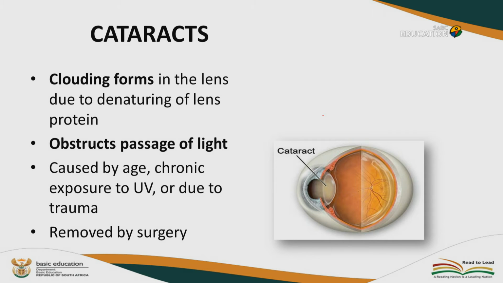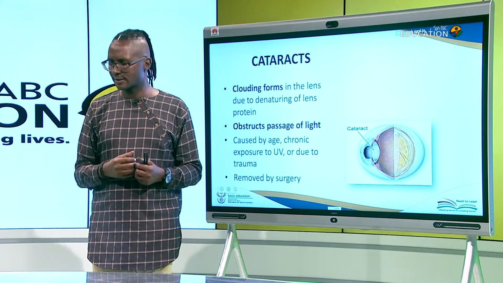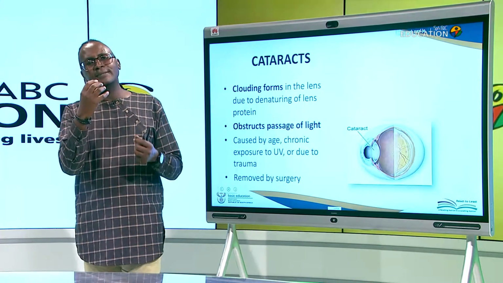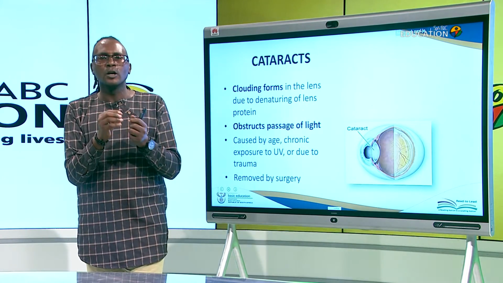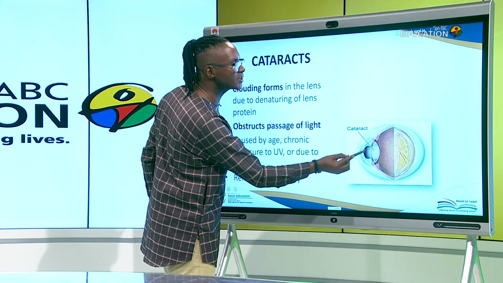The protein inside the lens denatures. And when the protein denatures, that means it becomes more cloudy, all right? And it obstructs the passage of light. So hence, when you look at the lens here, it's more cloudy.